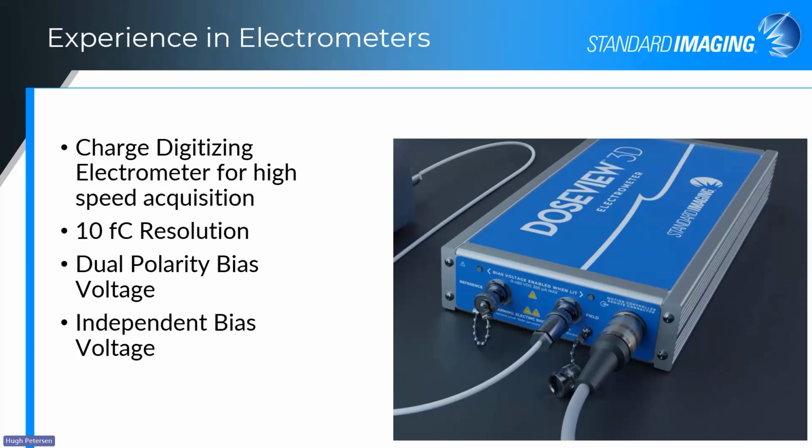It's a charge digitizing electrometer, giving you high-speed acquisition, which is imperative for scanning. It's got a very fine 10 femtocoulomb resolution for your measurements. It has dual polarity biases, so you can do positive or negative bias as needed. And then we also have independent bias voltages.